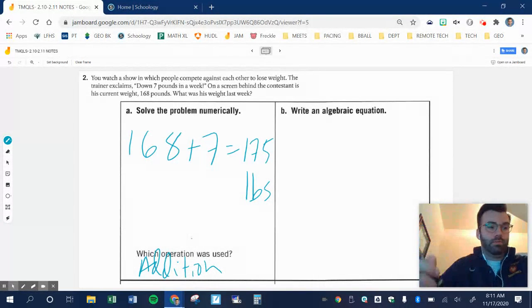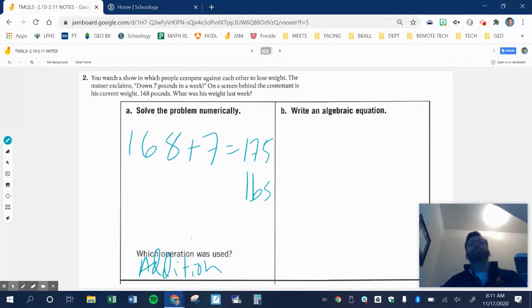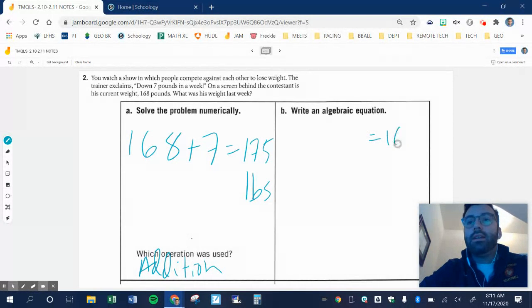So if I use addition to solve for my ending number, that means I want to use the inverse operation of addition to actually write my algebraic equation. And what that means is if I'm adding 7 to that 168, that means my ending number was 168, right? Hold on.